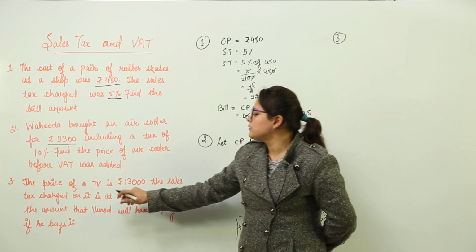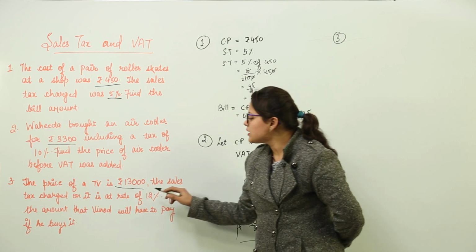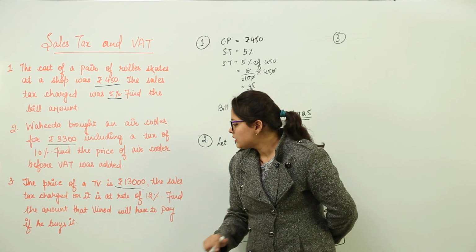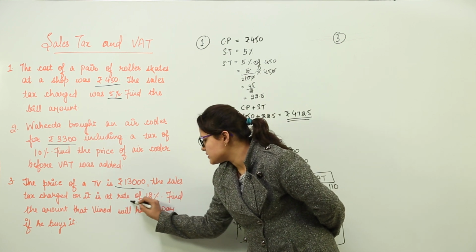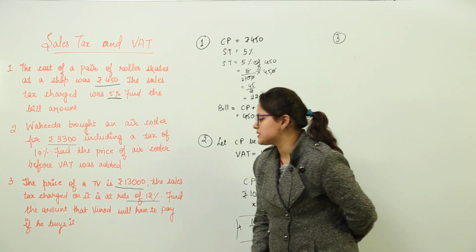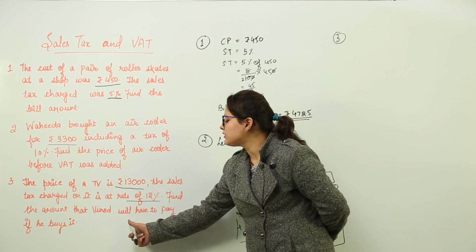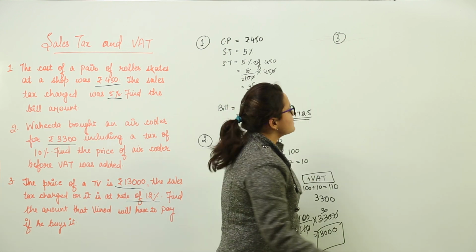The third question says that the price of a TV is rupees 13,000. Now 13,000 is the cost price, right? The sales tax charged is at the rate of 12%. Now the sales tax rate is also given to us, that is 12%. We have to find the amount that Vinod will have to pay if he buys it, right? That's simple enough.